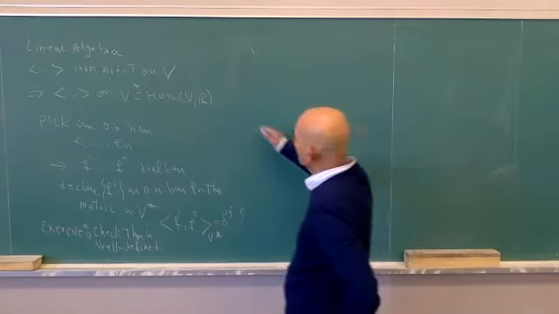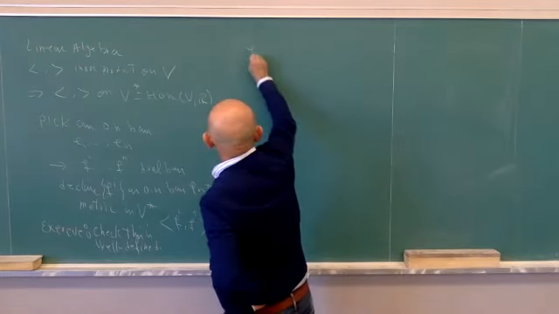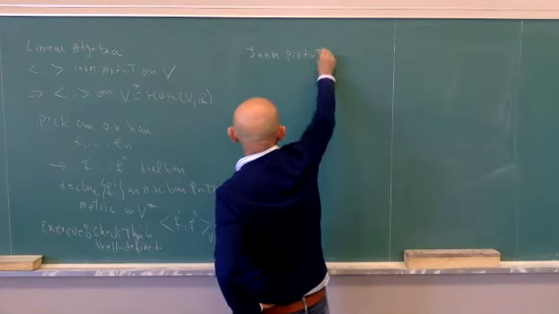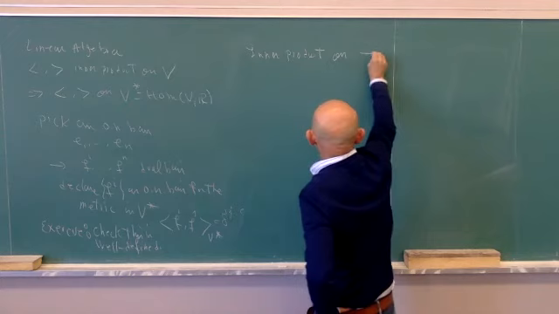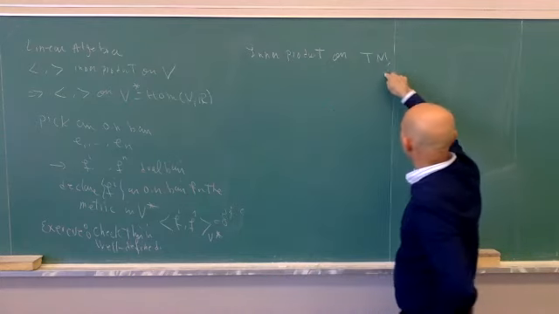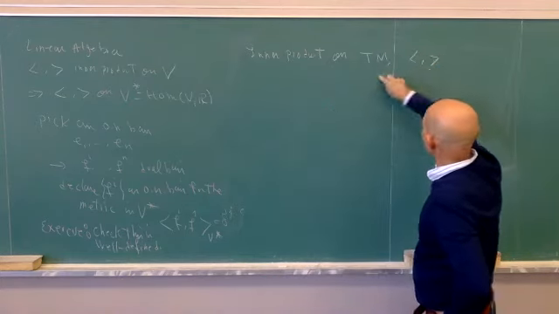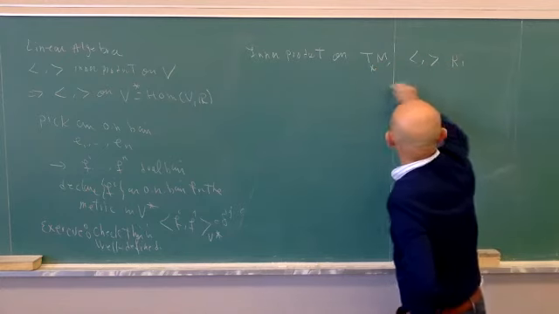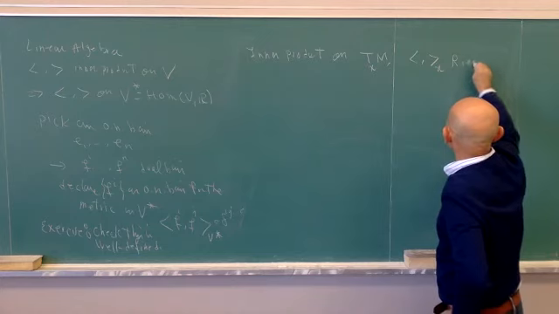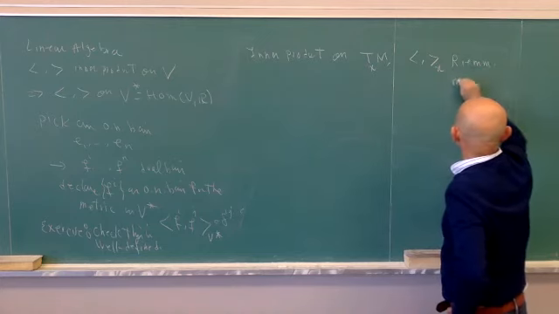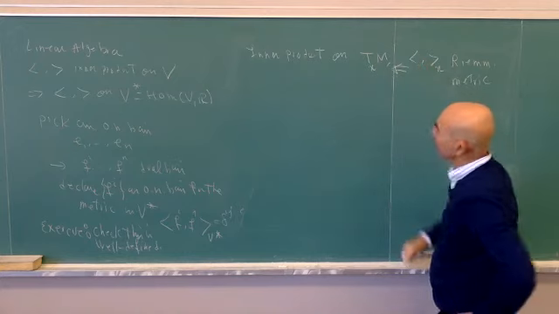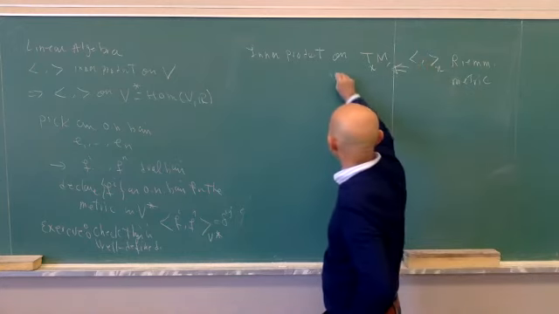Now, inner product on Tm we had, right? So this was the Riemannian metric. Basically, this gave us this guy, for any x.